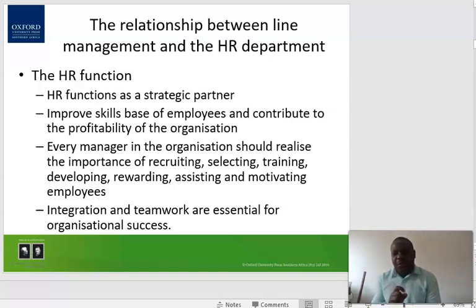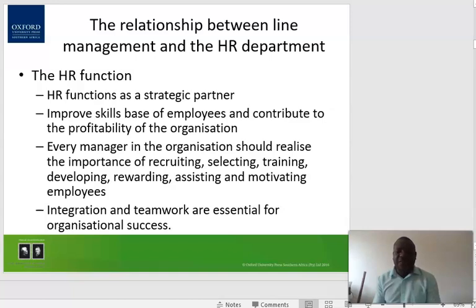So people are a very key resource in any organization. If you treat your employees well, you can actually gain a competitive advantage as an organization. That will make you perform better than other organizations.